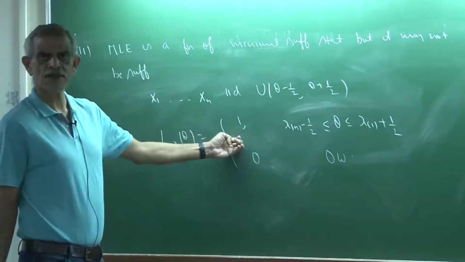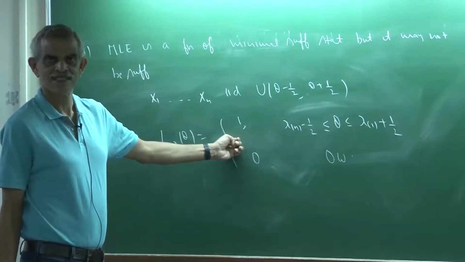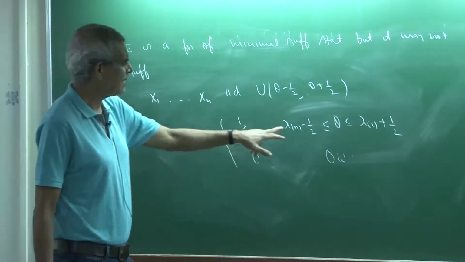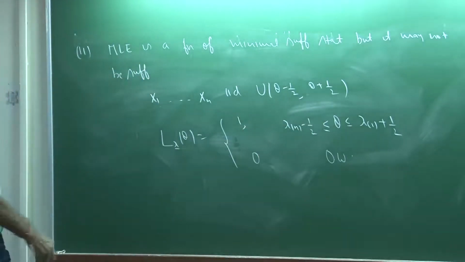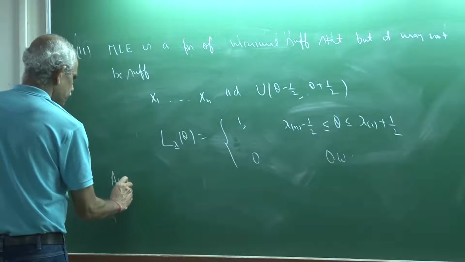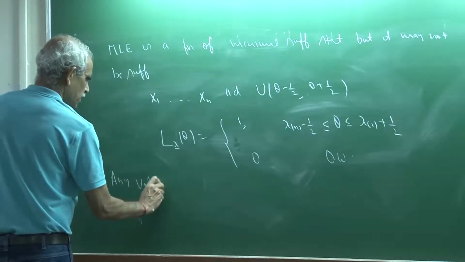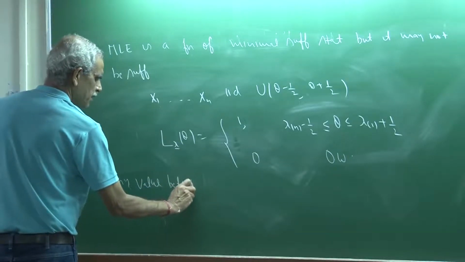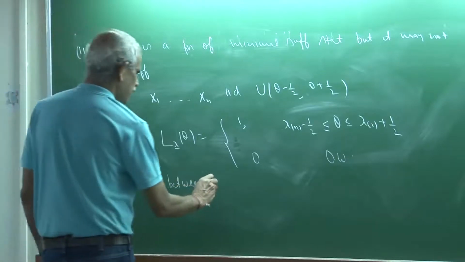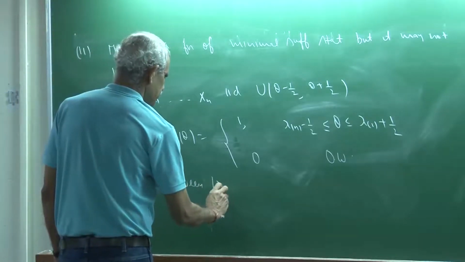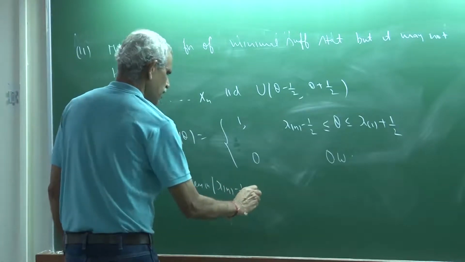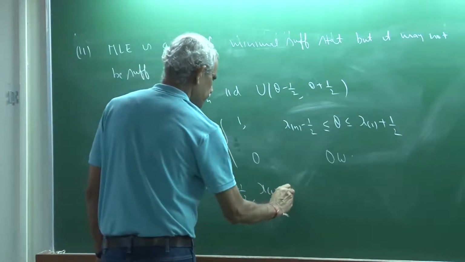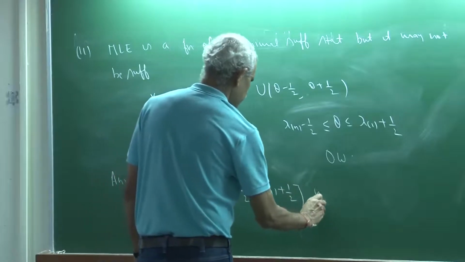So your likelihood function is constant. So if I take any value between xn minus half and x1 plus half, it is an MLE. So any value in xn minus half to x1 plus half is the MLE.